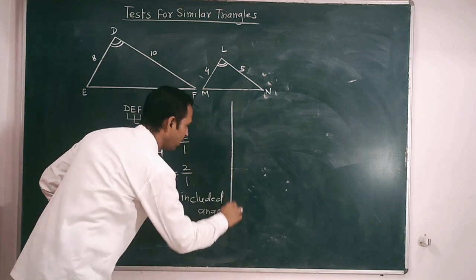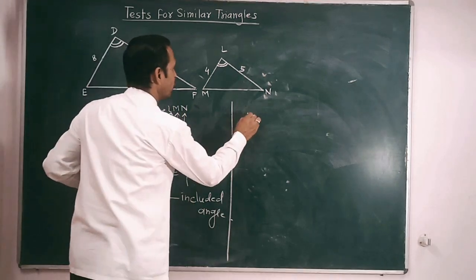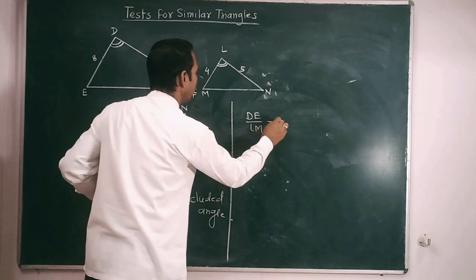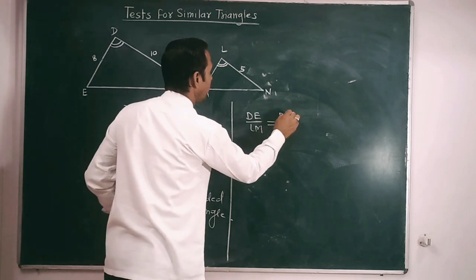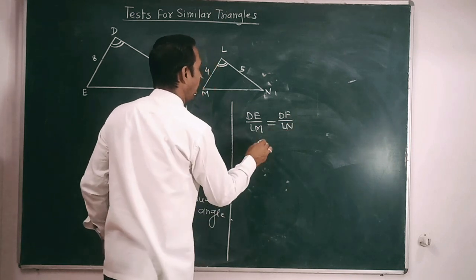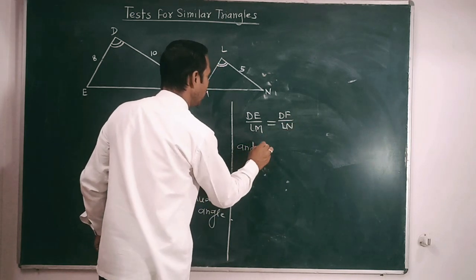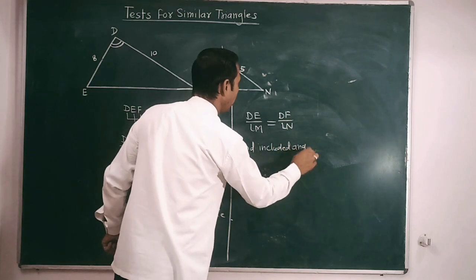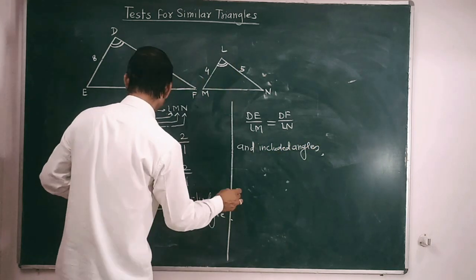and that's why if all these conditions, these are the three conditions here, means in this triangle again DE upon LM is equal to DF upon LN, and included angles, which angles?